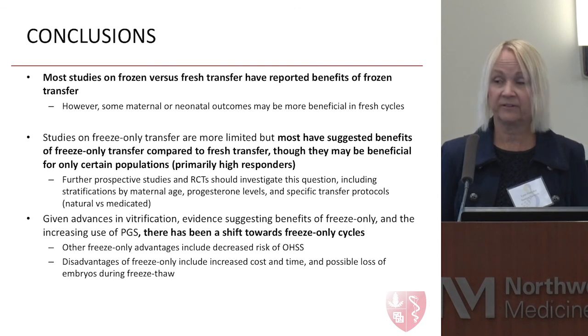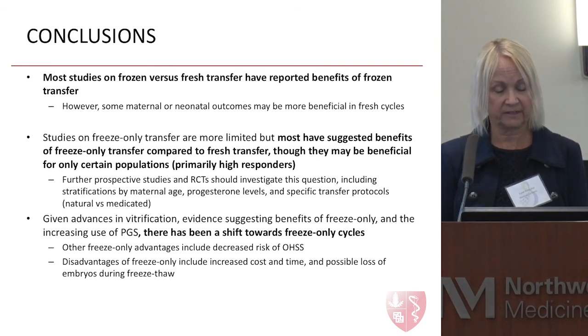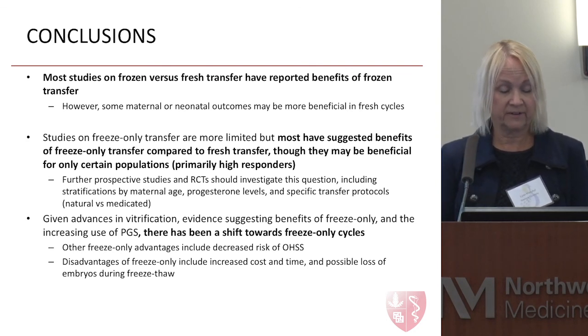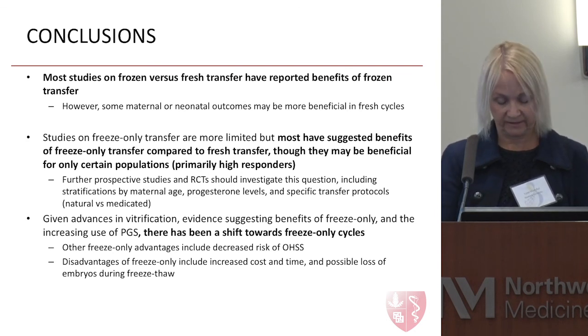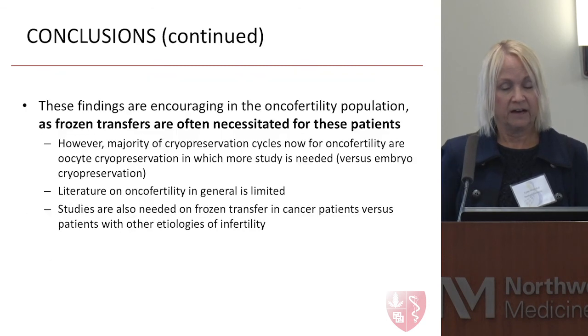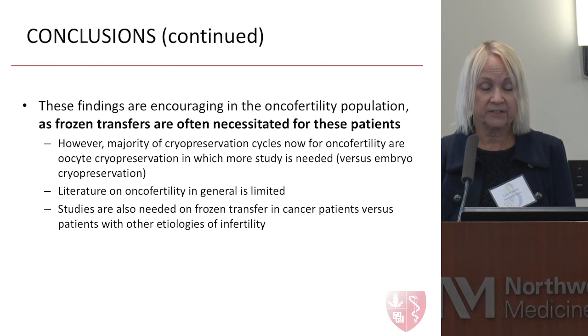Clearly, it is beneficial for the high responders in terms of decreasing the risk of OHSS, but there are the disadvantages of perhaps increased cost, definitely time, and possible loss of embryos during the freeze and thaw. So these findings are encouraging in the oncofertility population, as frozen transfers are often necessitated for these patients.